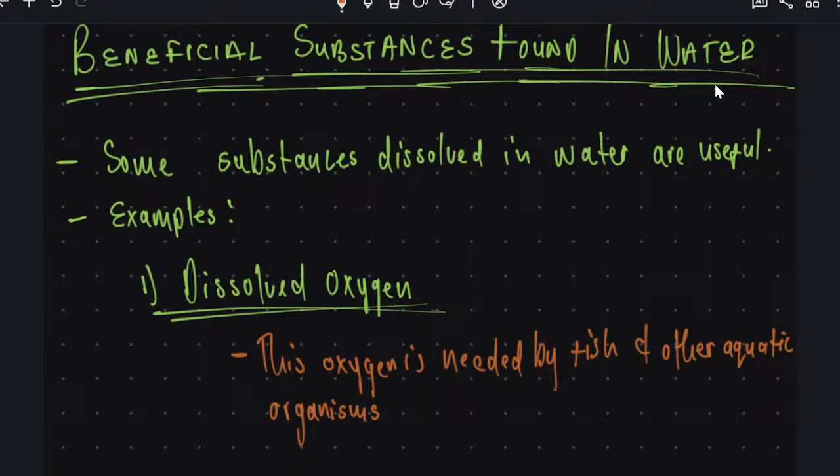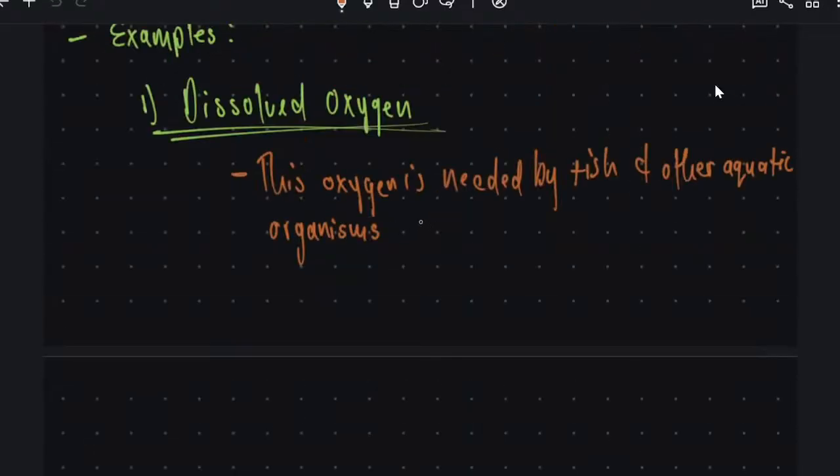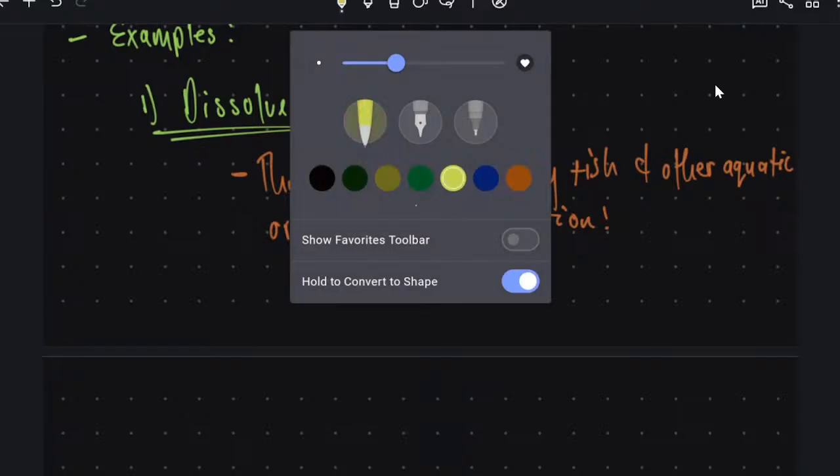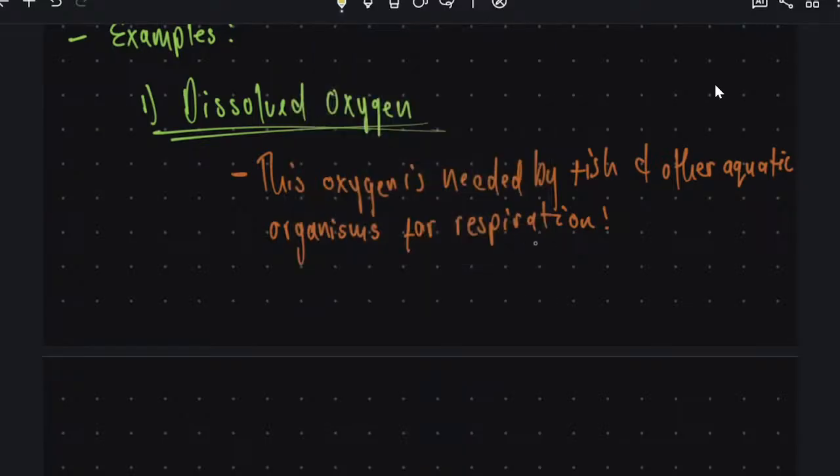They breathe through their gills, using the oxygen in the water for respiration. So fish do respiration? Yes. Every living thing does respiration, whether it's an animal or a plant or whatever. And fish need dissolved oxygen for respiration.